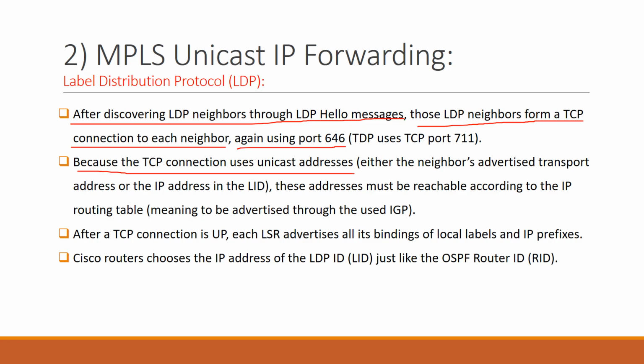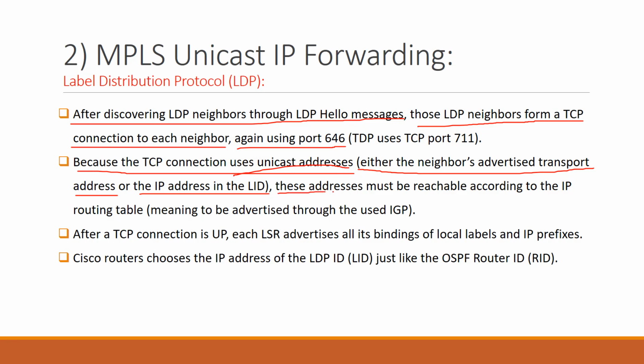But when the neighborship is established, a TCP connection will be performed between the two neighbors, and this TCP connection uses unicast addresses. This address is either the neighbor's advertised transport address or the IP address in the LDP ID.